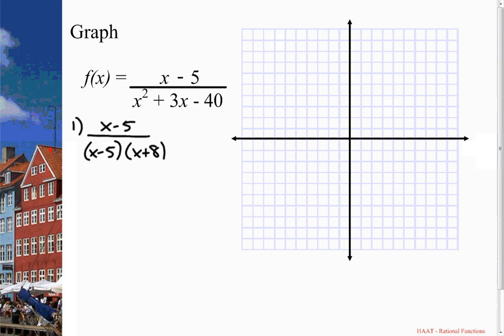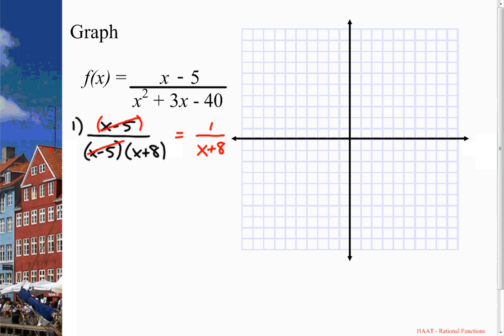If you remember before, the x minus 5 is going to divide out, because this is a whole entire expression. That's going to go away, and that's going to go away. So this expression is going to act just like 1 over x plus 8.